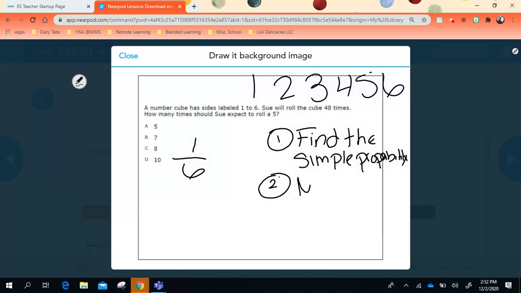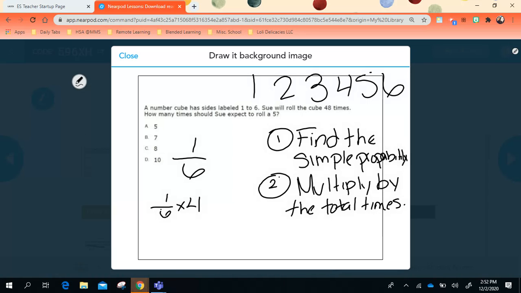For my second step, then I'm going to bring those 48 rolls back in. And I am going to multiply by the total times. So I would take my simple probability times 48.